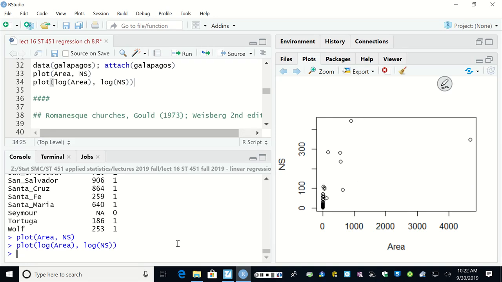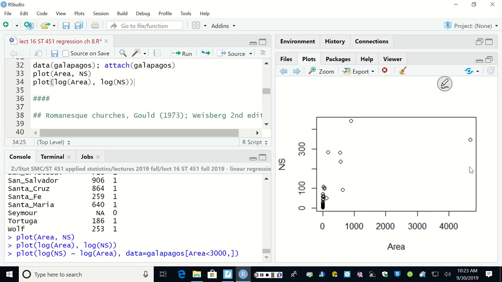So if you did that, you'd have to find that point. You plot the log of NS as a function of log of area, and we tell it the data is this Galapagos data set, but with area less than 3,000.